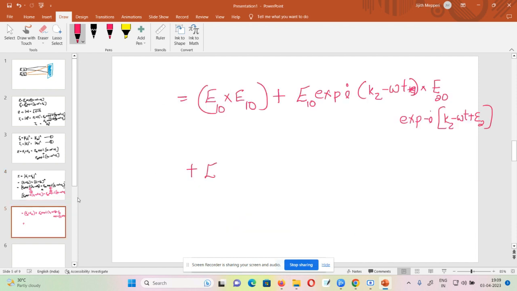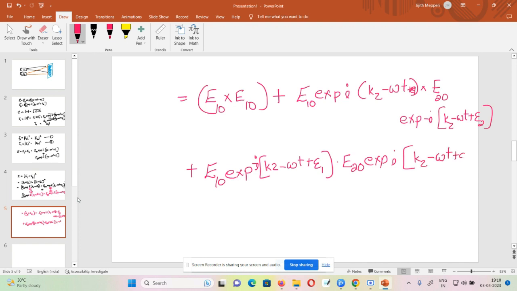So what you will get is E10 exponential −i(kz − ωt + ε1) into E20 exponential i(kz − ωt + ε2). Okay, now this is the first term, this is the second term, this is the third term.